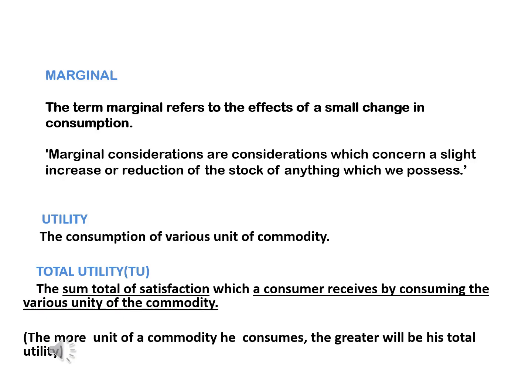The second measure is total utility, which, as we have already discussed, represents the total satisfaction obtained from consuming several units of a commodity. For example, if a consumer drinks 5 glasses of water, the combined satisfaction obtained from all 5 glasses represents total utility. The third and most important measure is marginal utility, commonly abbreviated as MU.